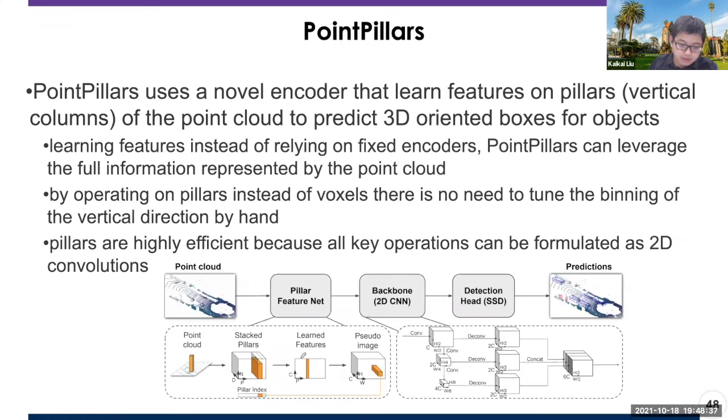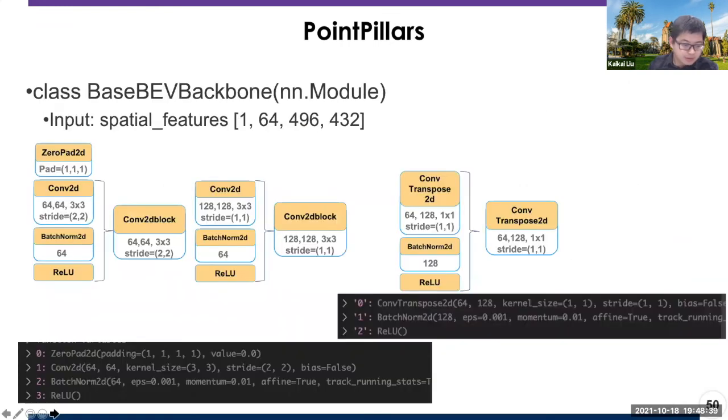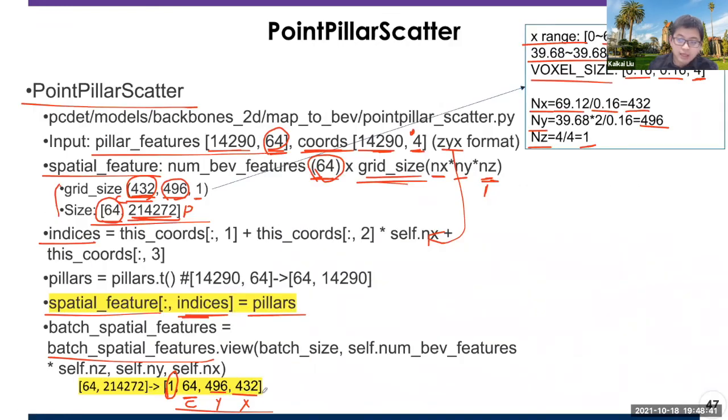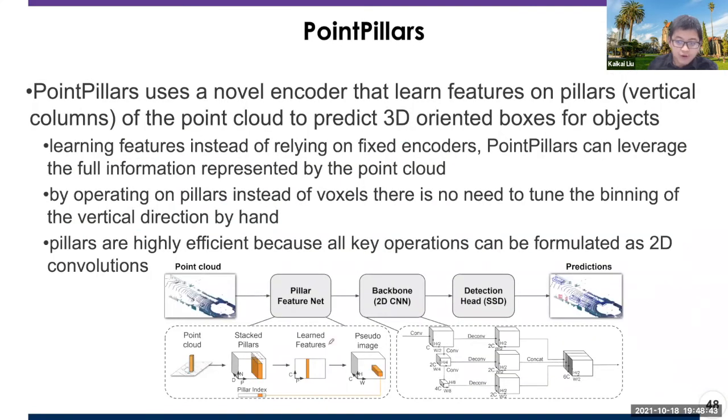So this is the feature we get, and we can actually verify. This is the pseudo image we get. The C is 64. Y and height is the number of grids in the Y dimension and the height dimension, and this is in the X dimension and the Y dimension. This is like a pseudo image. Then the next step, we can go to the backbone 2D CNN.